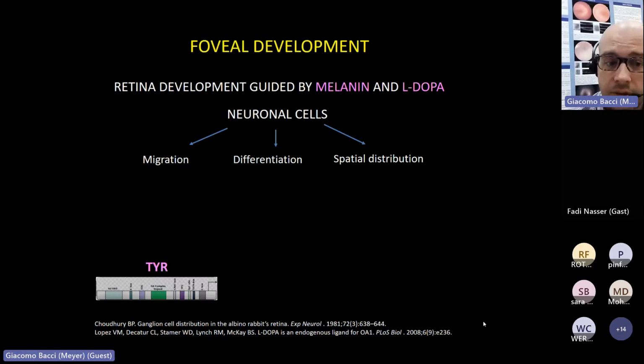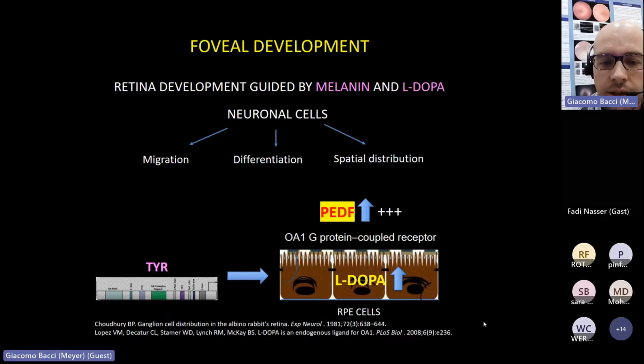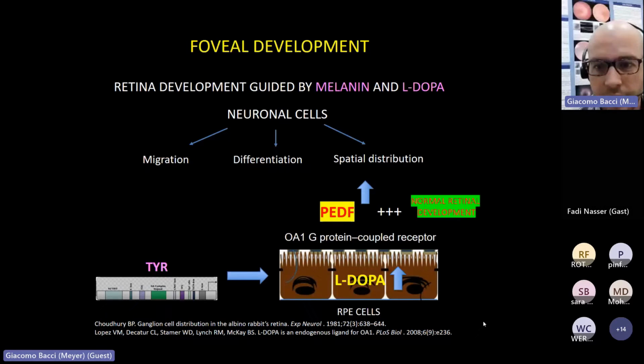For instance, we know that the TYR gene, which is the main gene implicated in ocular albinism, is the first actor in increasing L-DOPA within the RPE cells, and increasing L-DOPA via the OA1 G protein-coupled receptor increases pigment epithelium-derived factor, which is related to normal retinal development.